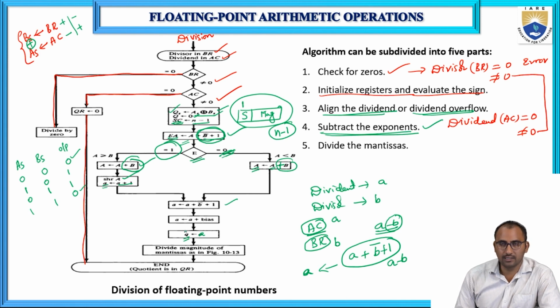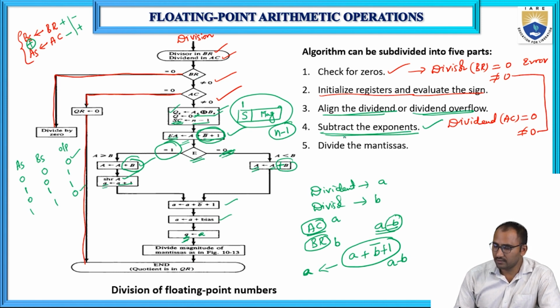So q is the exponent of the quotient. Here there is no need for bias. In the earlier case, a plus bias, we were adding some bias to the exponent of the dividend.